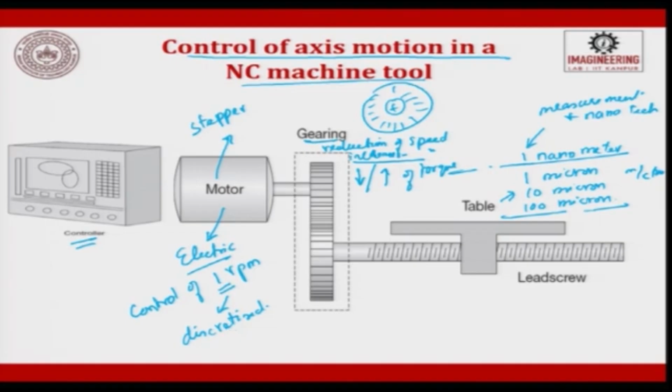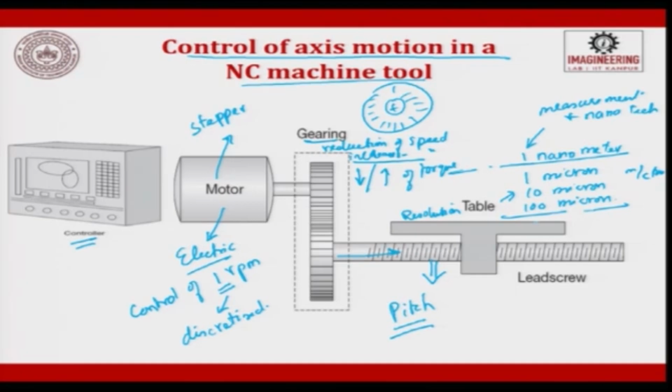Then this in turn is attached to a lead screw. In the lead screw, you have a terminology called pitch. Depending upon the pitch and the rotation, you can control the resolution and get whatever you need.